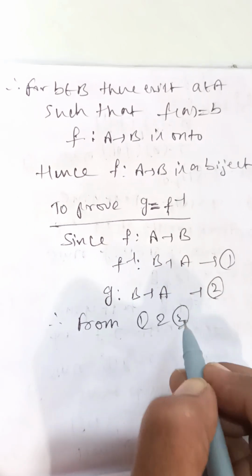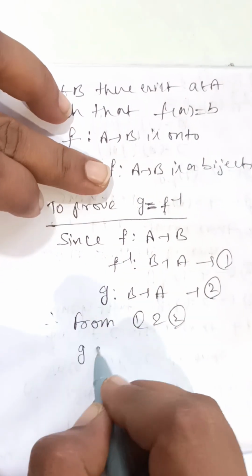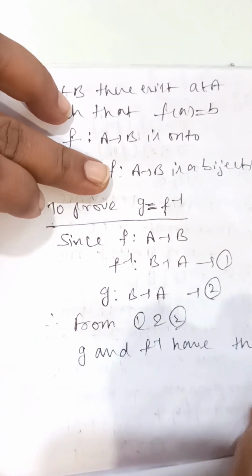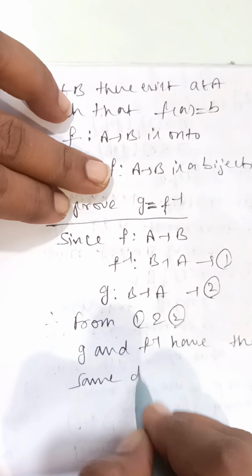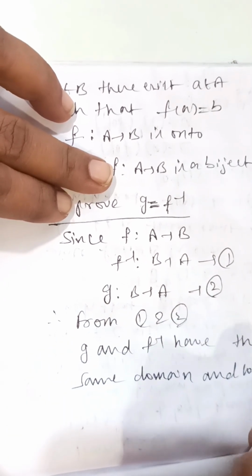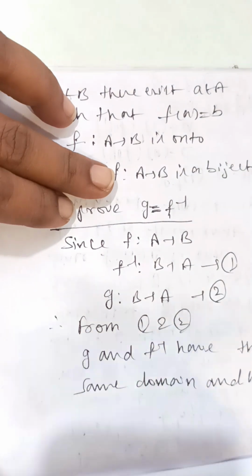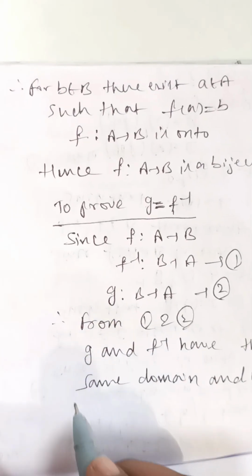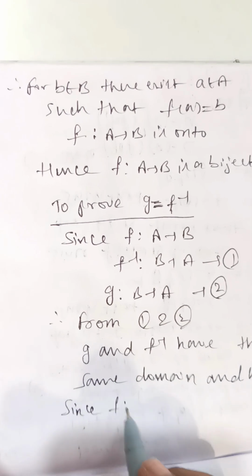Therefore, from 1 and 2, g and f inverse have the same domain and codomain. Okay, next thing, how to write the definition of onto.